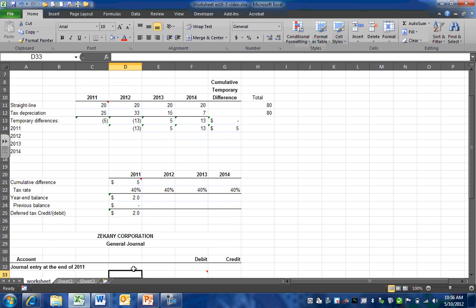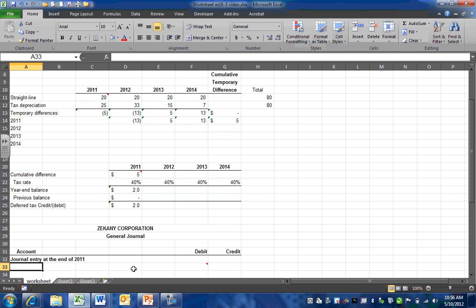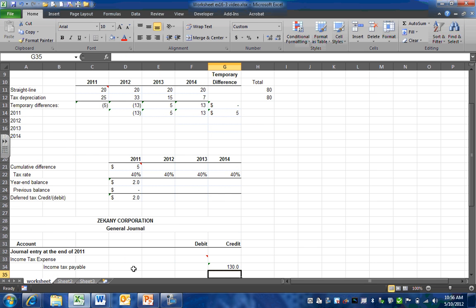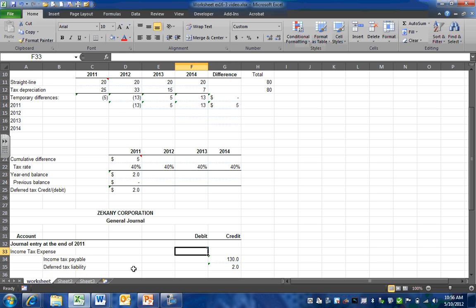So for our 2011 journal entry, we will debit our income tax expense, but we'll come up with its measurement by adding the two credits, which includes our current income tax payable that we calculated above, and our deferred tax liability, which we have just determined needs to be a credit of $2 million.